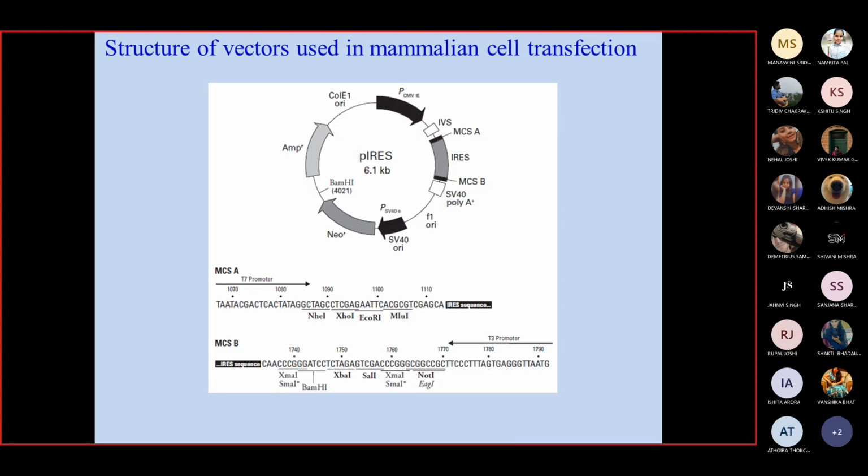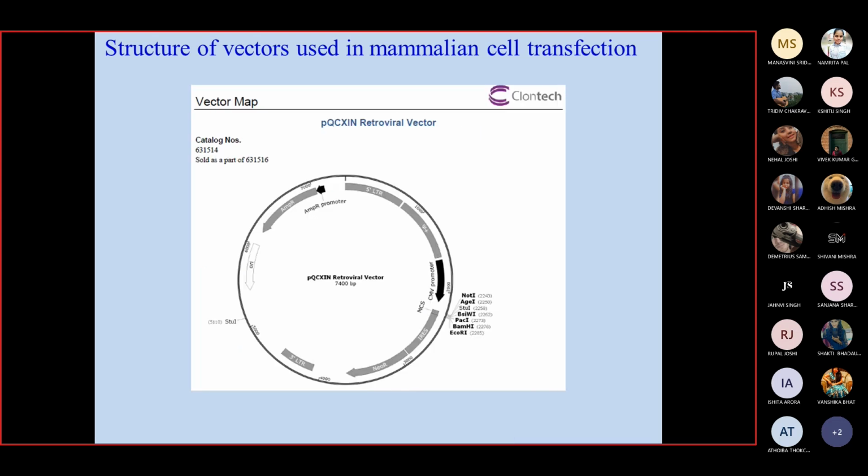You have another vector. This again we saw in our cloning vector lecture. This is called a retroviral vector. So this has an element of retrovirus in it. Typically, if you use these retroviral vectors, the idea is for it to integrate into the genome so that you can have stable expression.